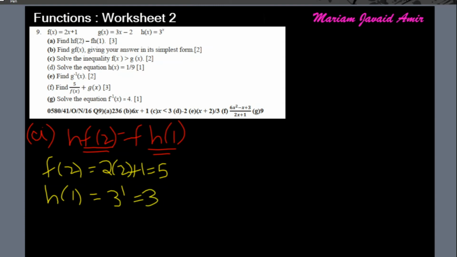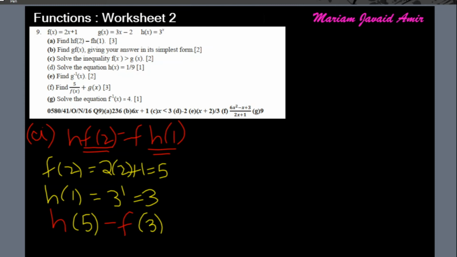So now the original expression will become h of f(2), which is 5, minus f of h(1), and h(1) came out to be 3. So now we have to find h(5) and then subtract f(3) from it.